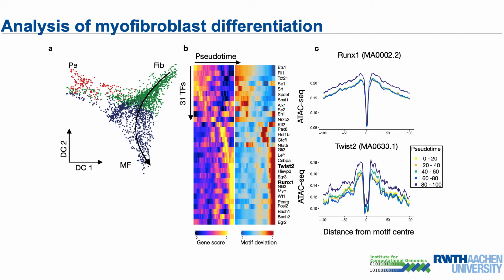One example is RUNX1. So on the right-hand side, we showed the ATAC-seq footprints of RUNX1. We can observe that RUNX1 has a deeper footprint in the late stage of this differentiation process. And this indicates that RUNX1 is an important transcription factor for myofibroblasts.